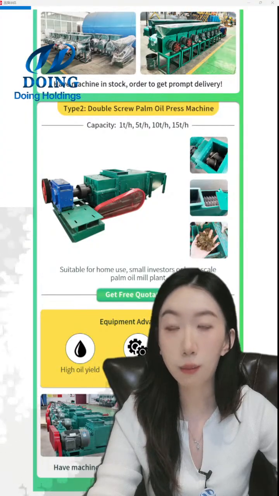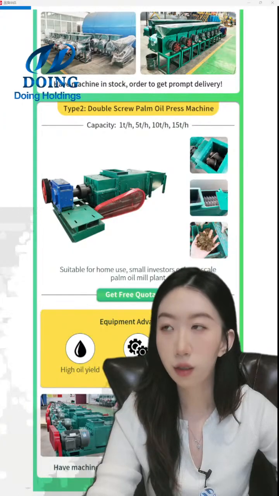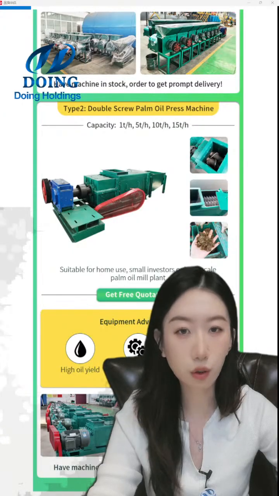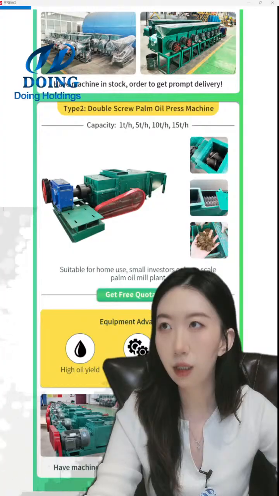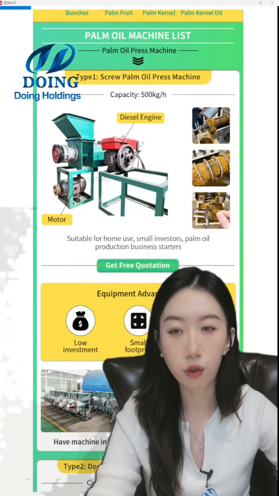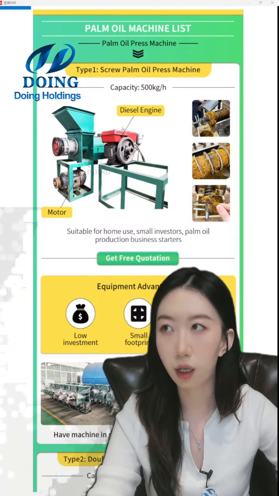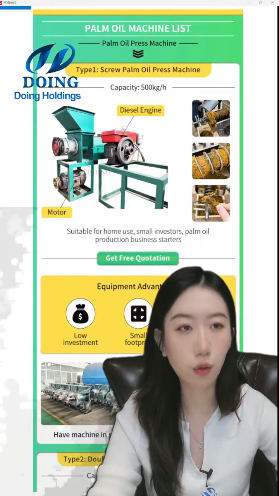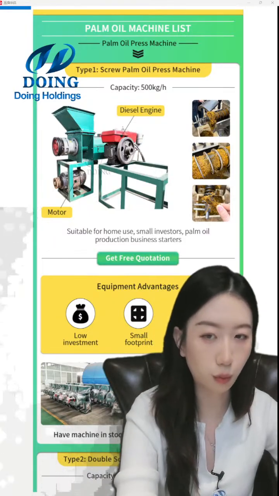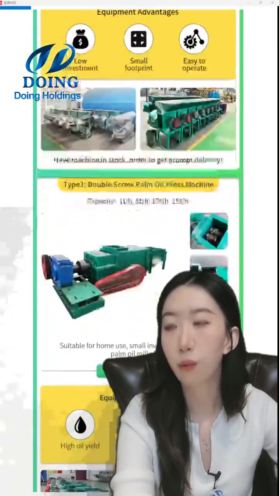The internal pressure of the double screw palm oil press doesn't need a worker to control. This machine is not suitable for a production line. It can just be used for a simple palm oil production line.